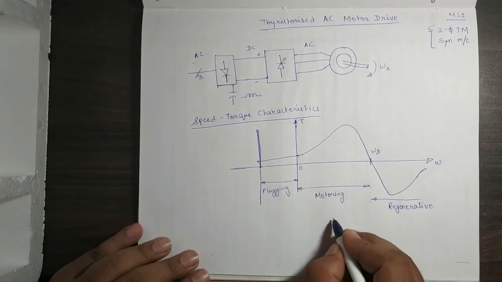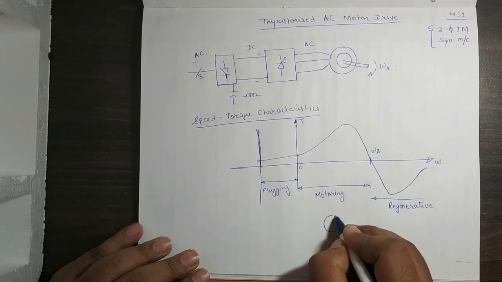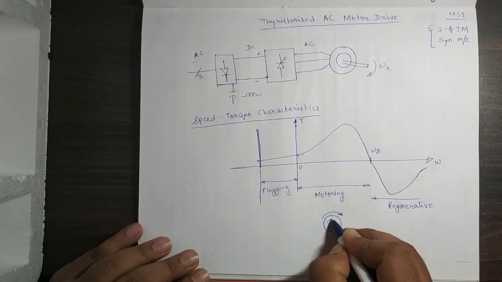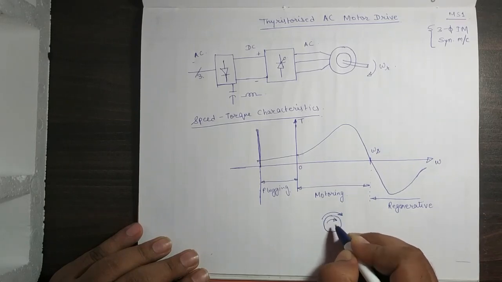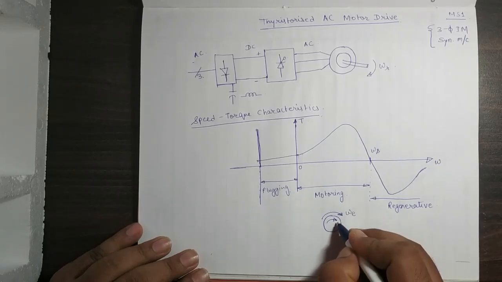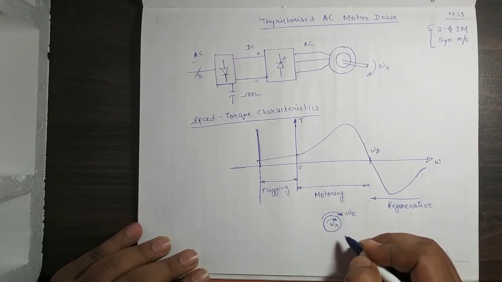In motoring zone, both the air gap field direction and the rotor speed direction are in the same direction.